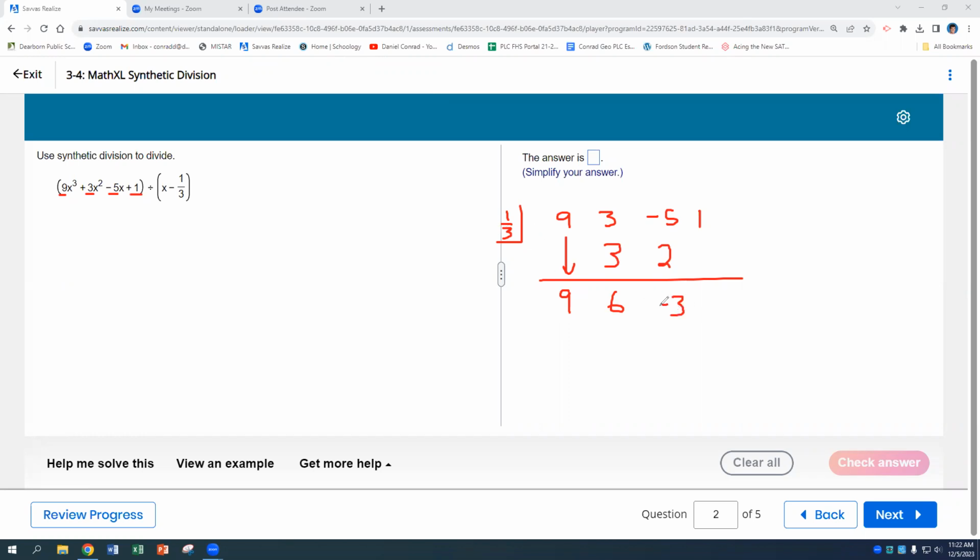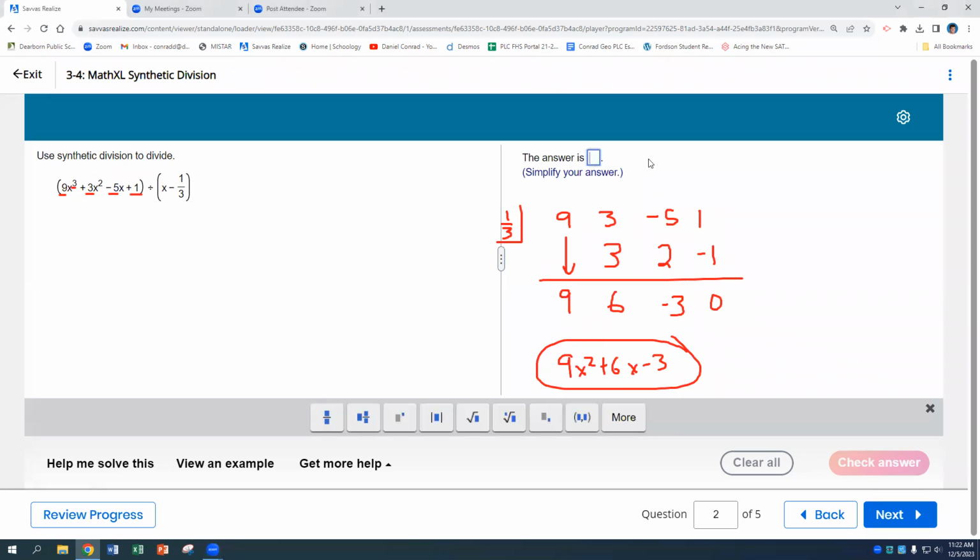And then 1/3 times negative 3 is going to be negative 1. And then 1 minus 1 is going to give me a remainder of 0. My largest exponent over here is 3, so this is going to be 9x squared plus 6x minus 3. I have no remainder, so that's going to be my answer there: 9x squared plus 6x minus 3.